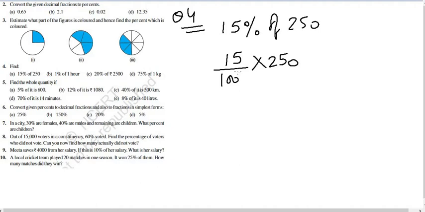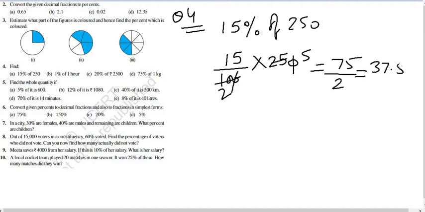Then you can cancel them, 0 with 0, 5 twos are 10, 5 fives are 25. 15 fives are 75 upon 2, or you can say 2 threes are 6, 2 sevens are 14, 37.5. So 15% of 250 is 37.5. This is the first part, question number 4, A part.